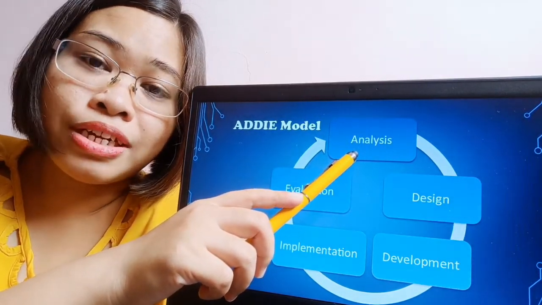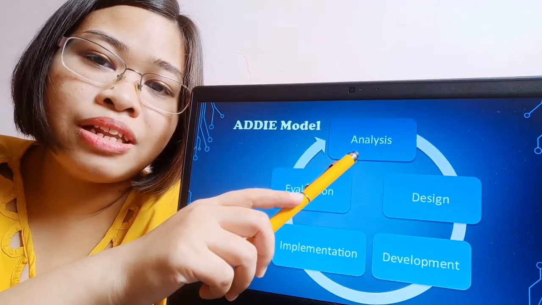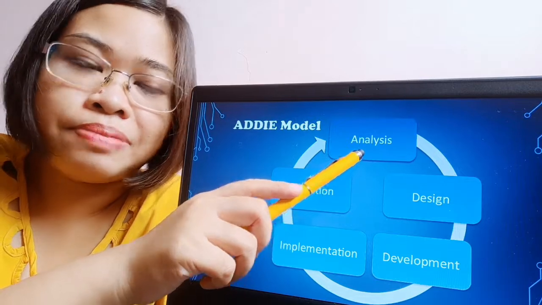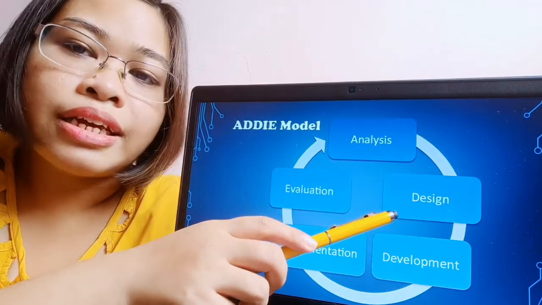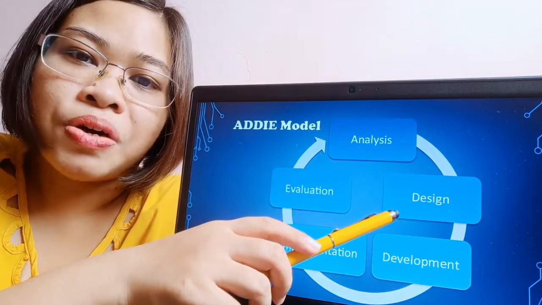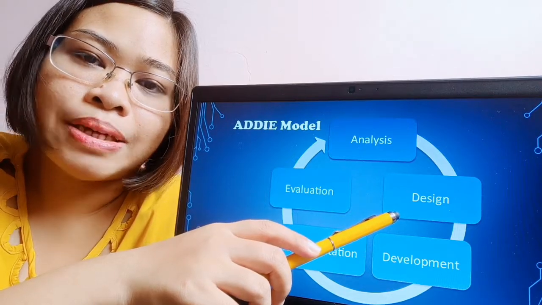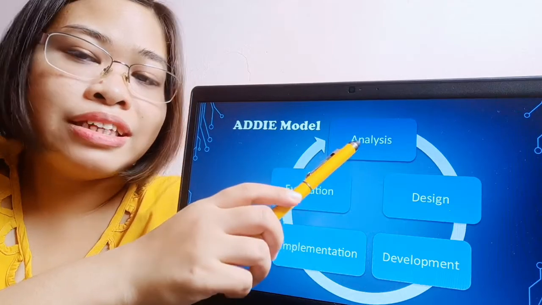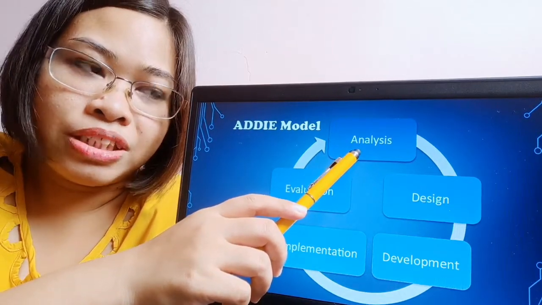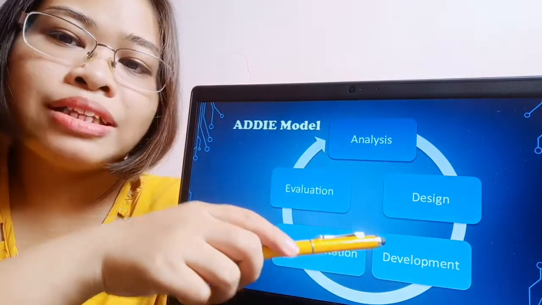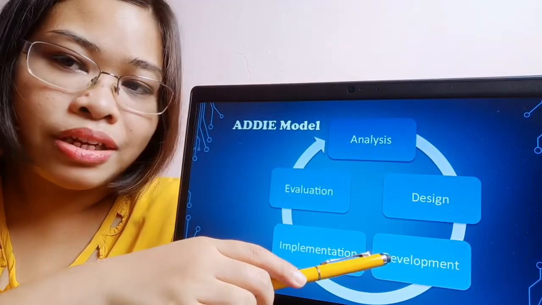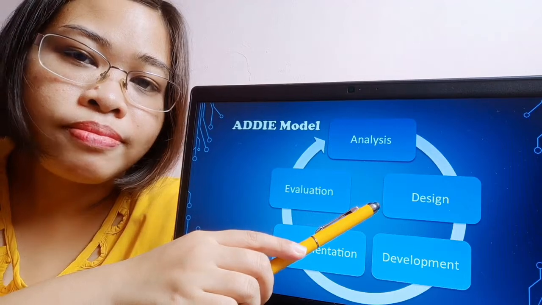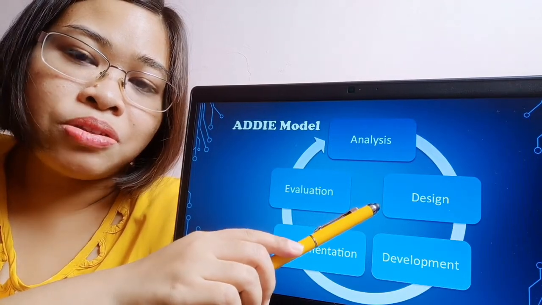It is also here that the program matches with the level of skill our participant has. Next is the design, which focuses on lesson planning, subject matter, and content, based on our analysis of the participants. While the development phase is the production or testing of the designed instructional methodology.